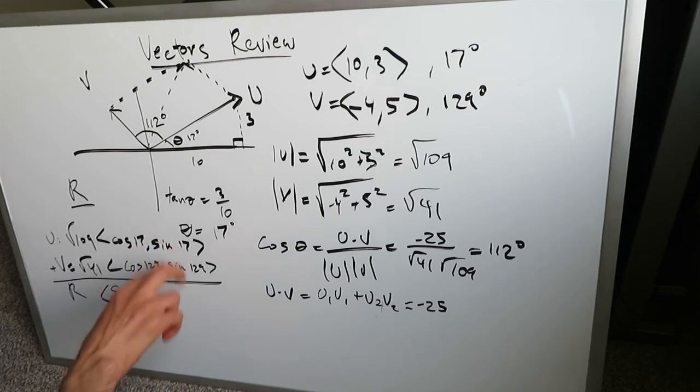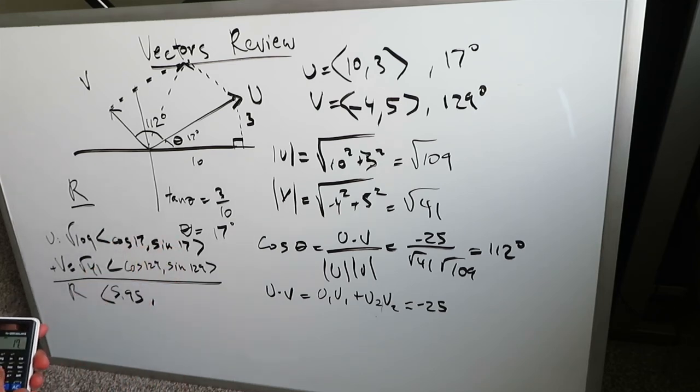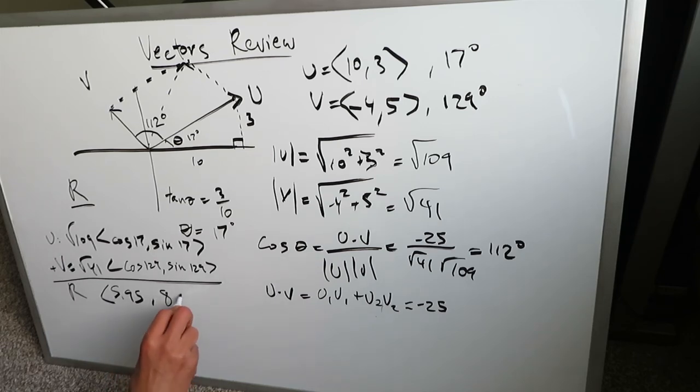Now I'm going to do the sine components. 17 sine multiplied by the magnitude square root of 109 plus 129 sine multiplied by the v magnitude square root of 41, and I get 8.03.